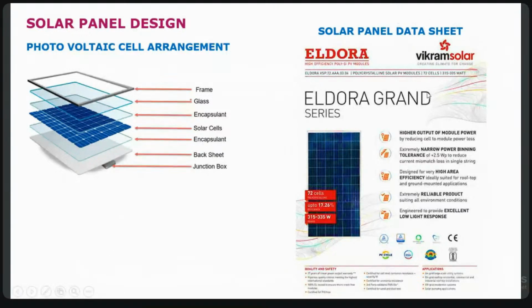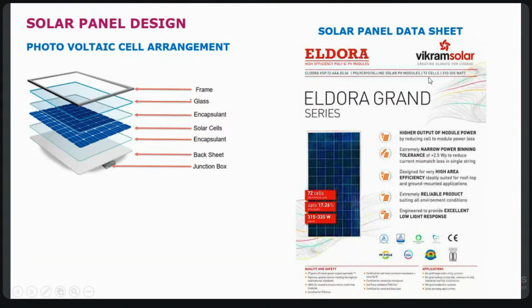For example, I took the data sheet of Vikram Solar. I am not promoting any company, but for example I'm taking 72 cells, already told, in rows and columns of 6 and 12. That is a single module, and the maximum wattage is 315 to 345.